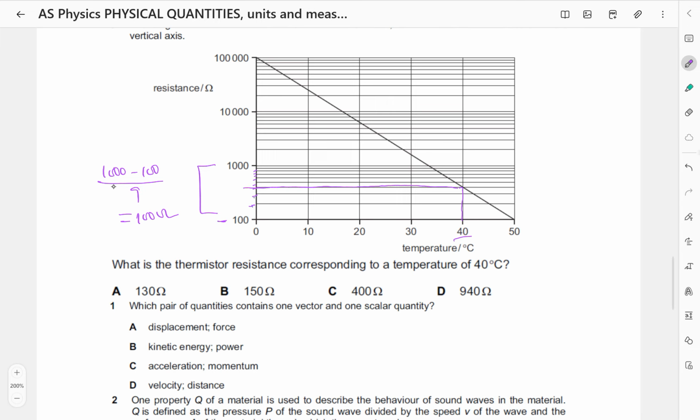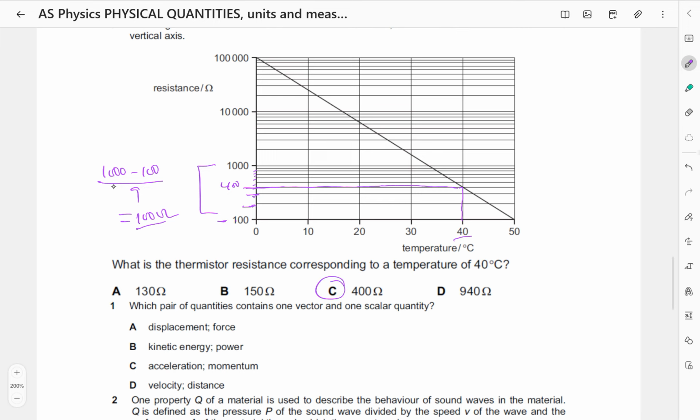So 40 degrees Celsius corresponds to, 1, 2, 3, it is actually the third line, or the fourth line from 100. So this is 100, 200, 300, 400. That is 400 ohms.